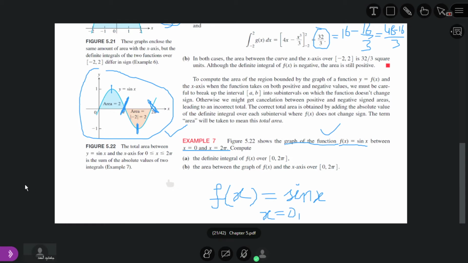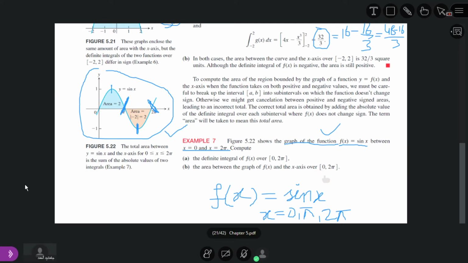At pi, it is clear from the graph also, sine pi is also 0. At 2 pi, sine is also 0. So the zeros of f of x is equal to sine x are 3 points: 0, pi and 2 pi.